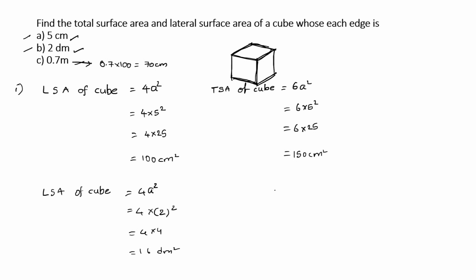And the second case, where the side is given as 2 decimeters, 6 into 4, that will be 24 decimeter square. Right, in this way we will find out the total surface area and lateral surface area of the cubes. You have to remember only two things. For cube, lateral surface area is 4a square, and TSA, total surface area, will be 6a square, where a is the side.